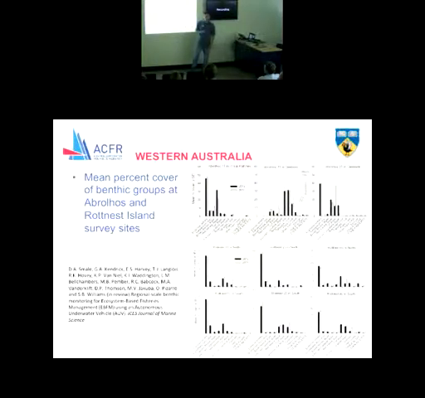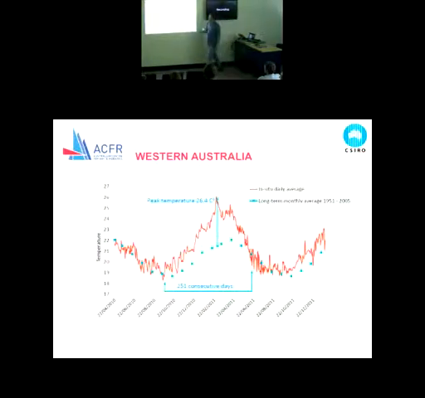We now have 4 years of data, so we're in the process of working through all of that. But one interesting thing was that between 2010 and 2011, there was a sustained period of hot oceanic conditions. So there was a bit of a marine heat wave that was sustained over a long period of time, well above the long-term averages.